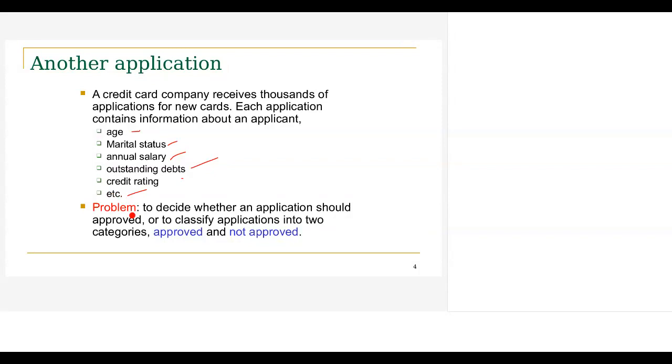What is the problem? The company needs to decide whether an application should be approved, that is, classify applications into two categories: approved or not approved.